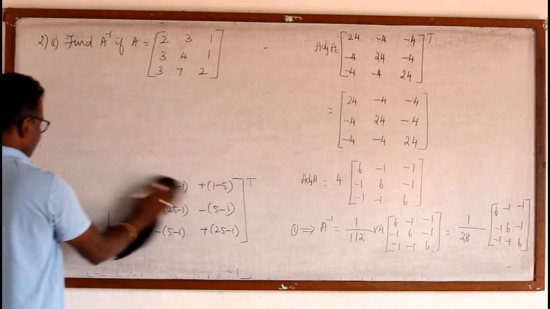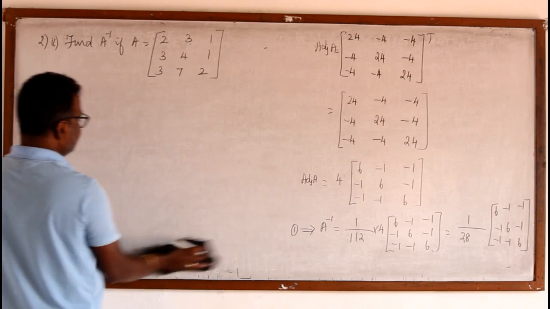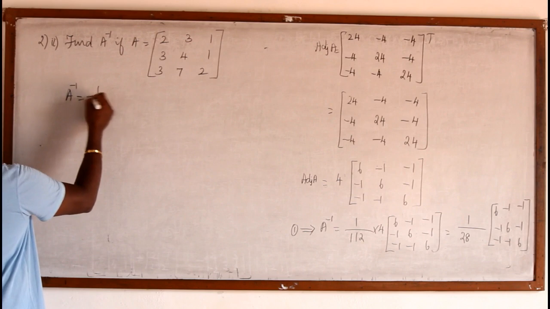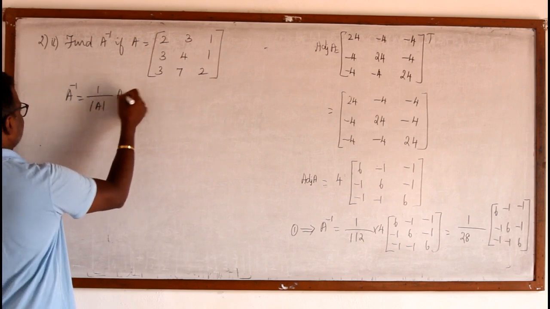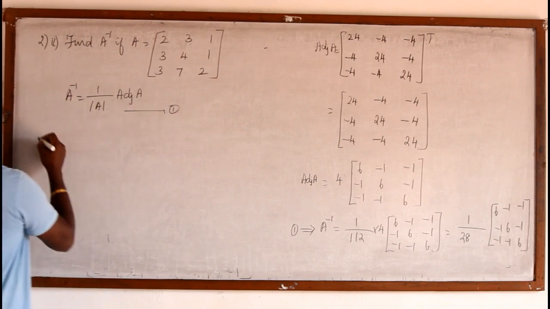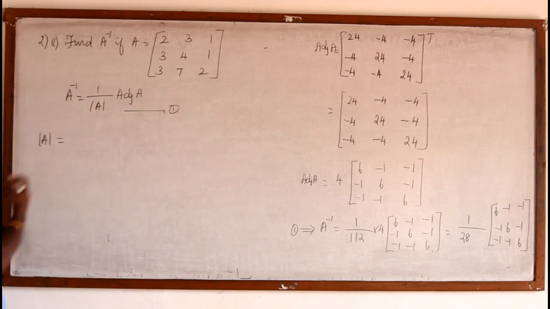So first write the formula, then find the determinant, then go for adjoint. That must be the procedure. So A inverse is 1 by determinant of A into adjoint of A. Keep this one as 1. Make sure by finding this determinant whether it is becoming 0 or not.